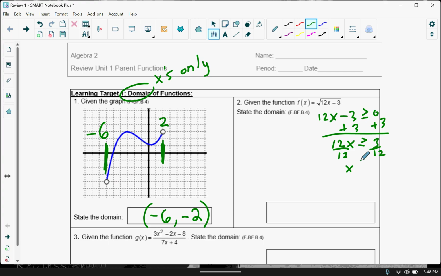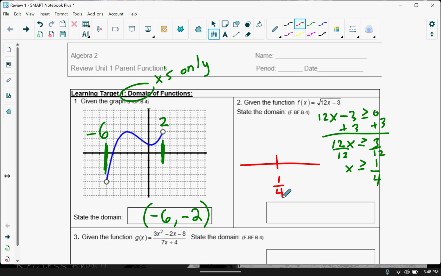And I end up with x is bigger than or equal to 3 over 12. If you type that into the calculator, it tells you that it's 1/4. Now, to be honest with you, I don't care if it's a fraction or a decimal, I don't care what type of number it is. You've seen that in class when I draw a number line, I just mark the number that I need. So I just need to mark off 1/4 on this horizontal number line.